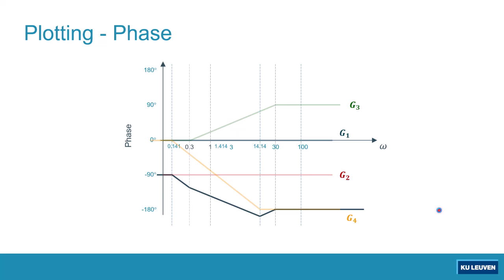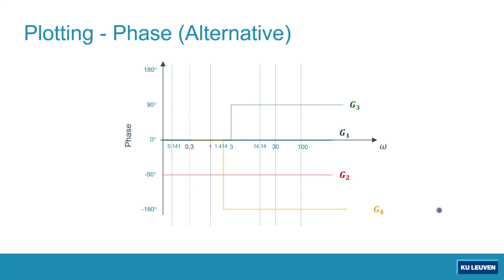As an alternative, of course, you can also use the 2 region phase plot approach. This will be the alternative when you are using the 2 region phase plot approach.